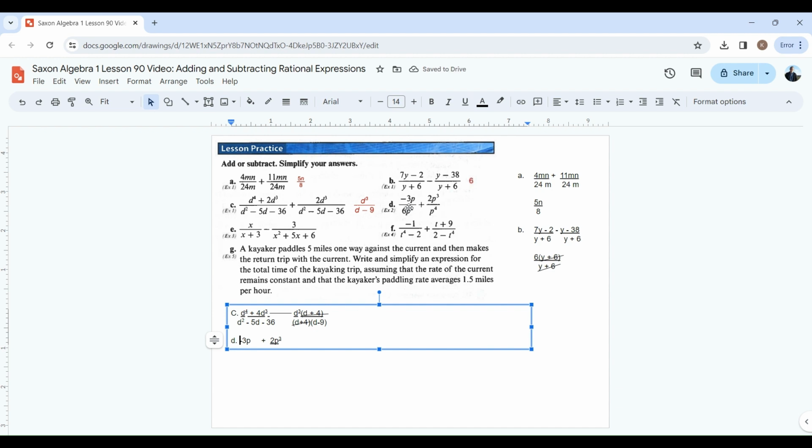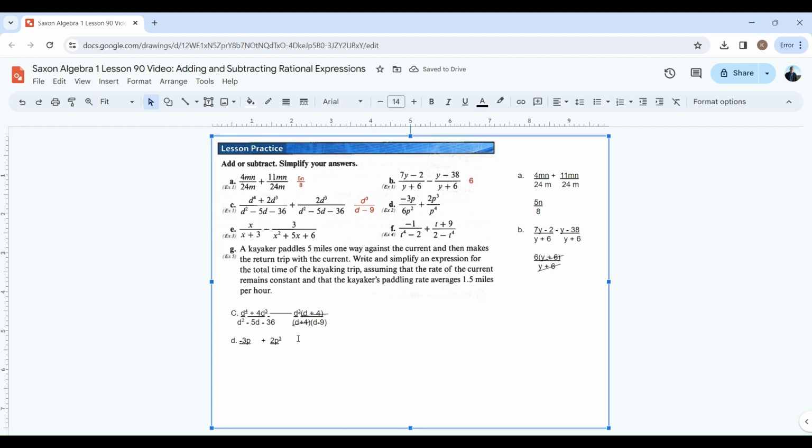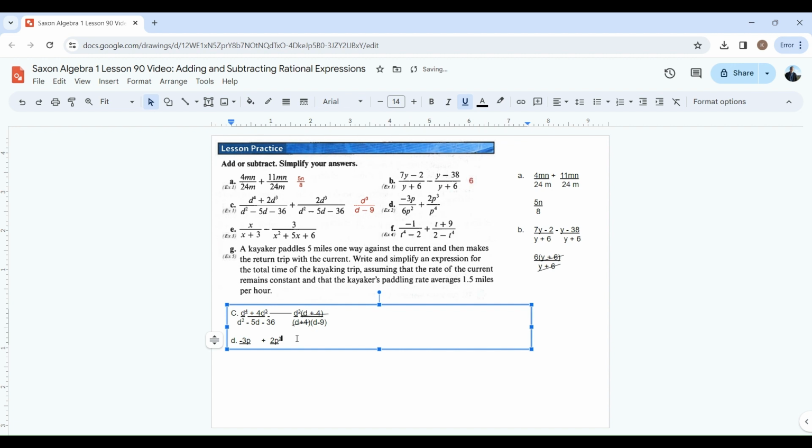Under the fractions, on this one we have 6p squared. On the other one, we have p to the fourth.